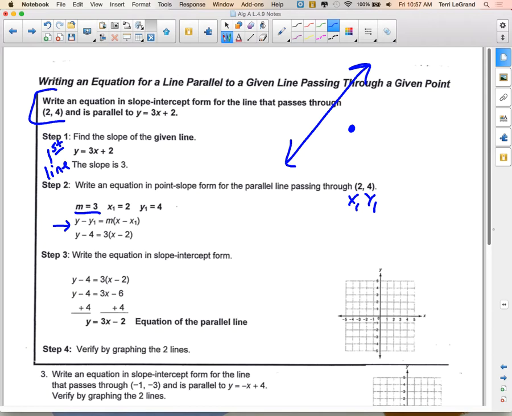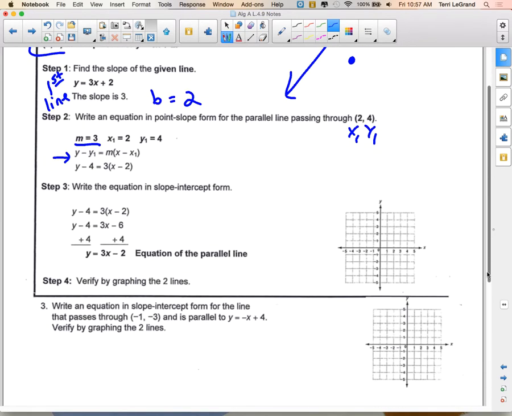Its slope is 3. What's its y-intercept? 2. Okay, let's go graph that one. So we're going to start at 2. What does the slope of 3 tell us to do? Up 3 to the right one. Or what's our other option? Down 3 left 1.